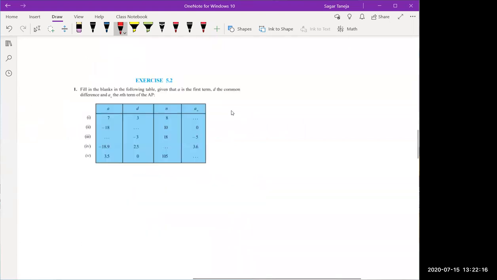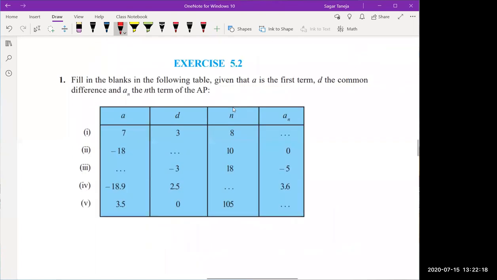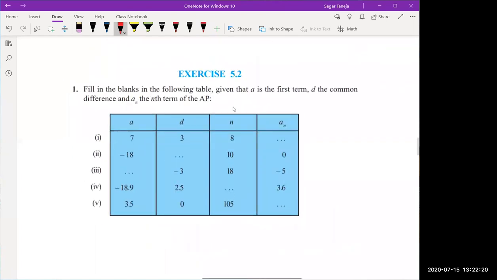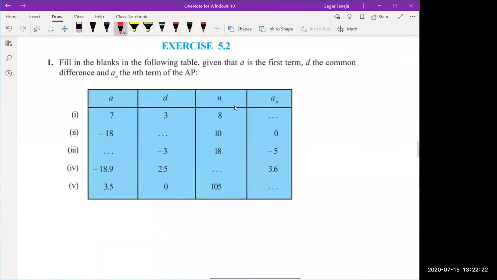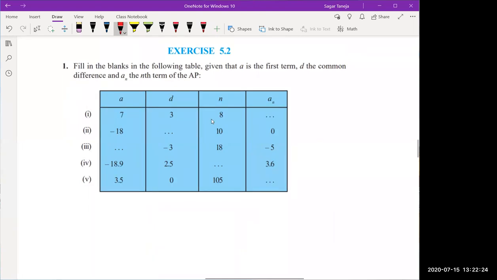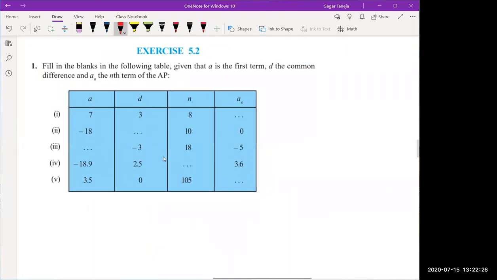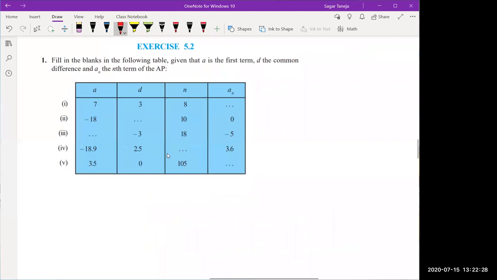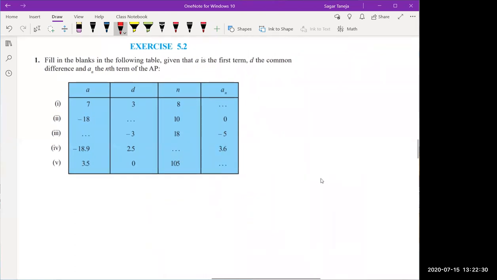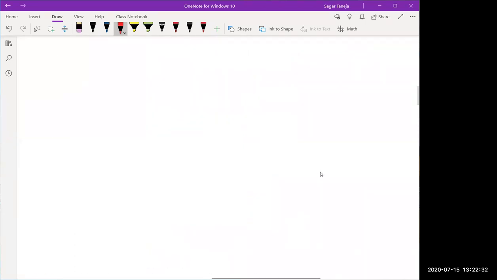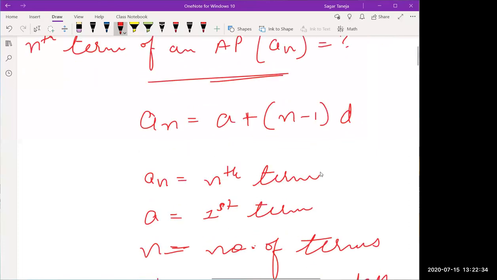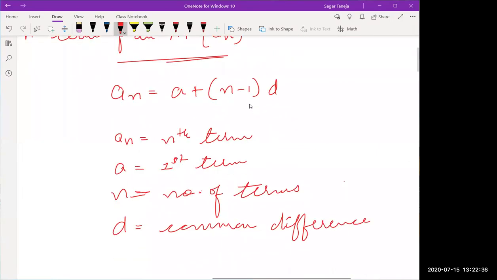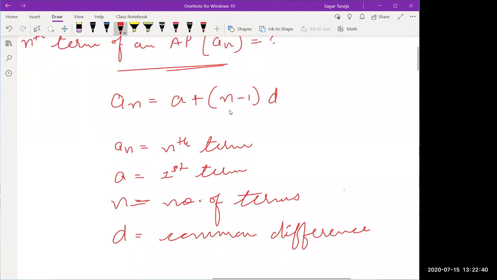Now on this basis, we have this exercise 5.2. Take out exercise 5.2, and you will be able to answer the missing figures. Thakur Das is asking, what is n minus 1? The minus 1 is just minus 1, we are subtracting it. But what is n? N is the number of terms.